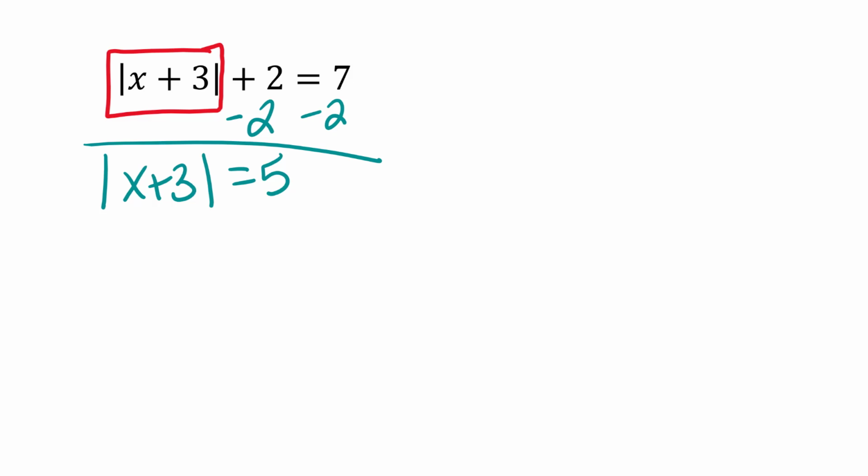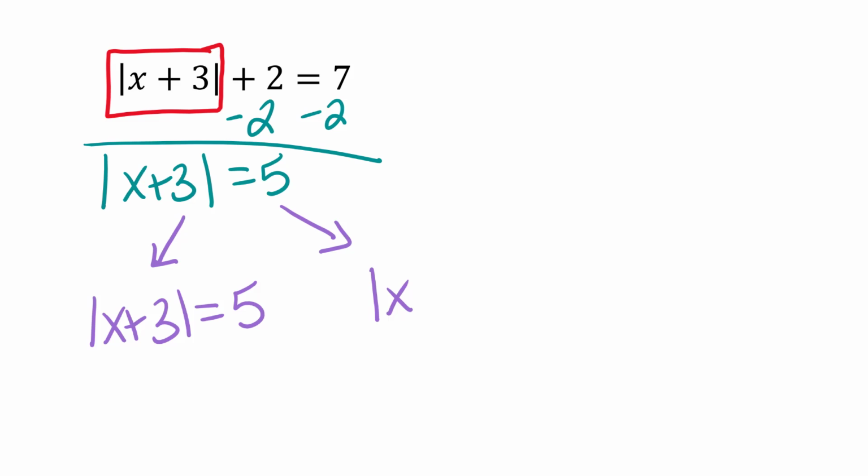So once we get those absolute value bars isolated, I'm going to break it off into 2 separate equations. The first one is that the absolute value of x plus 3 equals 5, which is what we were given. And that second one is that the absolute value of x plus 3 equals negative 5. Because inside those absolute value bars, I can have a positive 5, I can have a negative 5. They will both give me the same answer.